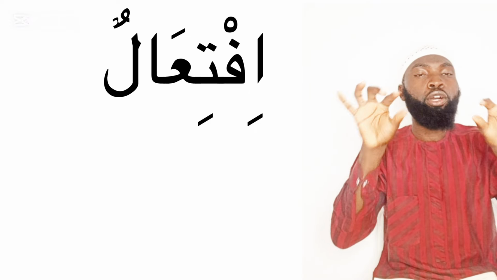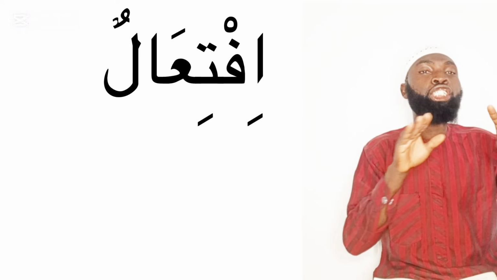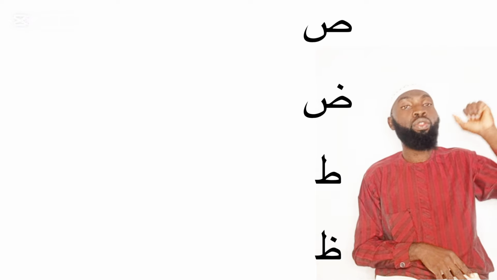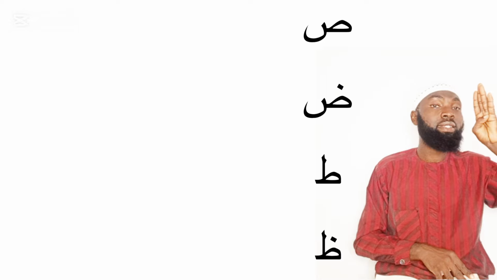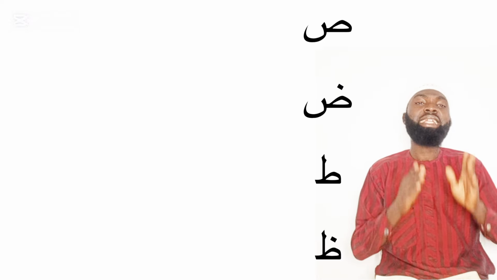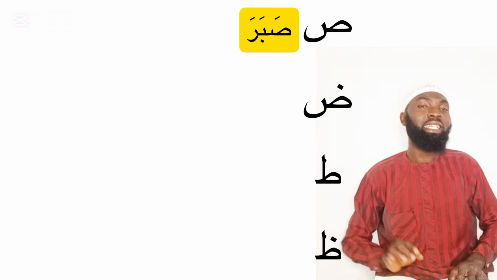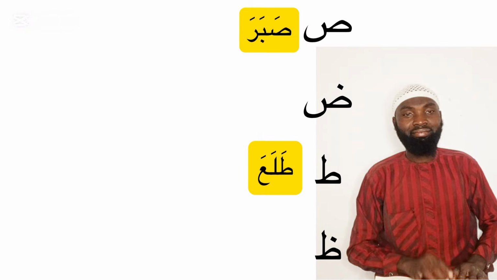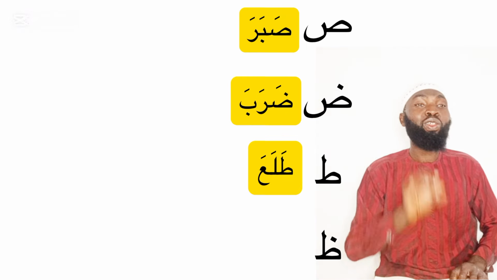Another thing I want to point out is that when words originally have letters like sad, dad, ta, and za, any word which in its three-letter form has one of these four letters, for example the words sabara, tala'a, daraba, and zalama.